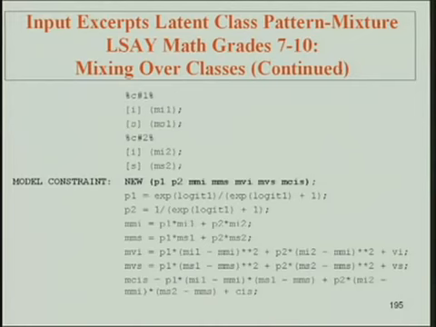And you use the model constraint feature, where you can define a set of new parameters. The probability of being in class 1, missing data class 1, can be expressed by the logistic expression, probability of being in class 2 likewise.